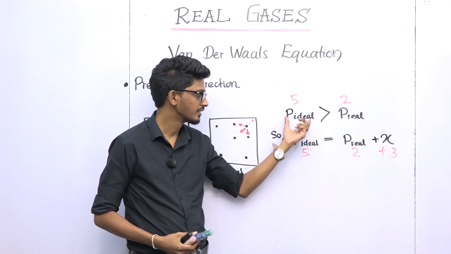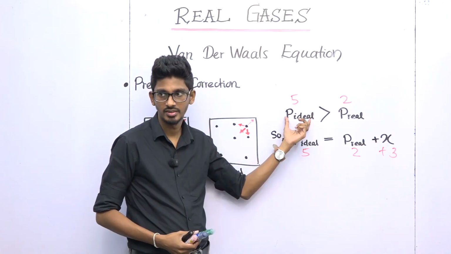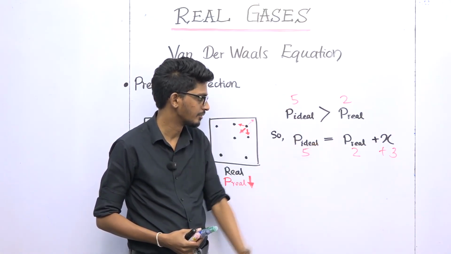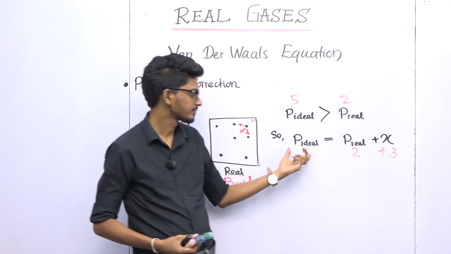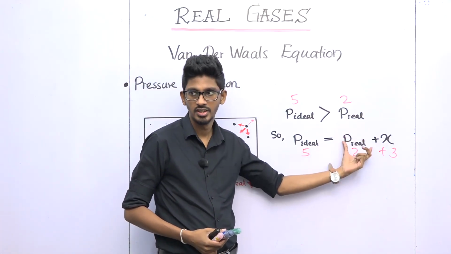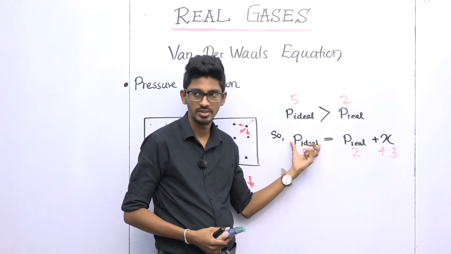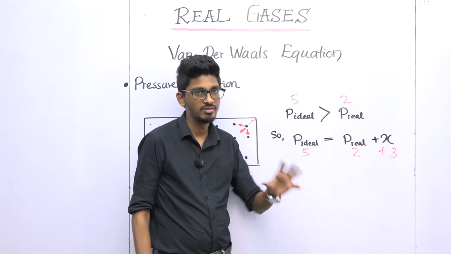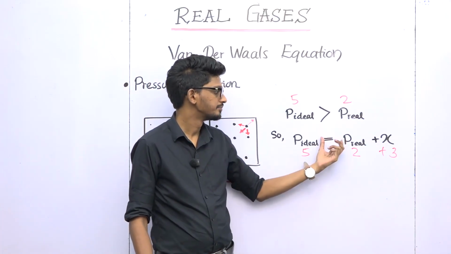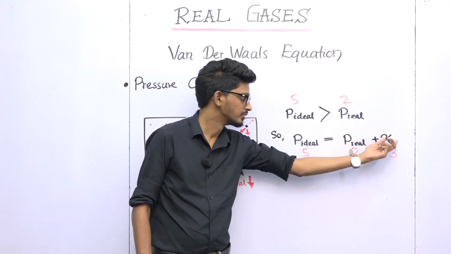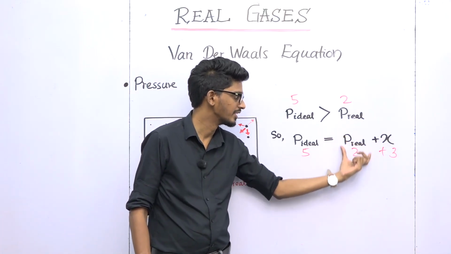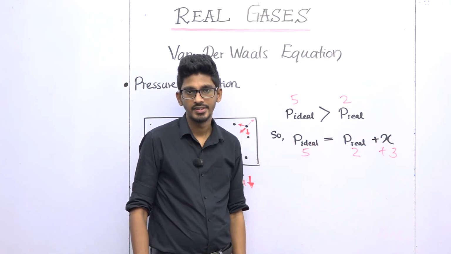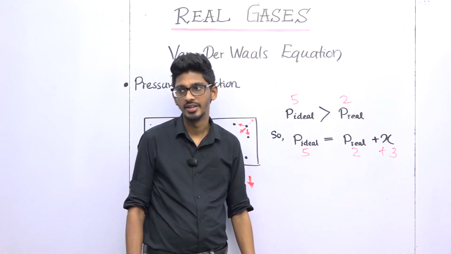So what we need to do is equalize somehow, by adding or deducting or by any kind of mathematical operation, the observed value of the real gas to the ideal gas value. Then only we would be able to get an equal sign between the PV term and the nRT term. So we have to add some value to the observed pressure of the real gas to equalize it to the pressure of the ideal gas.